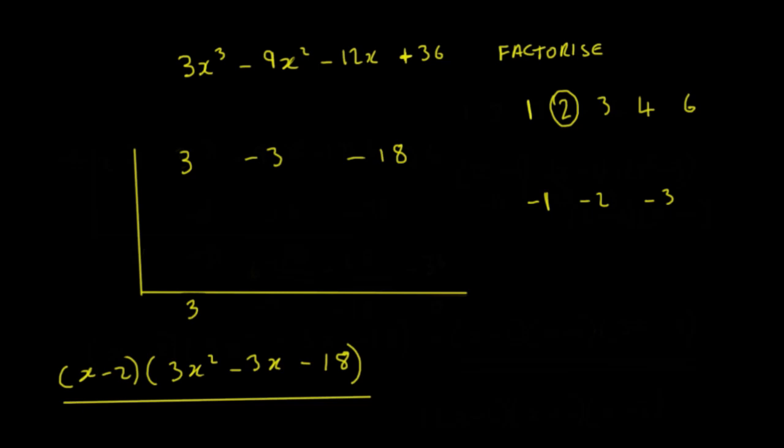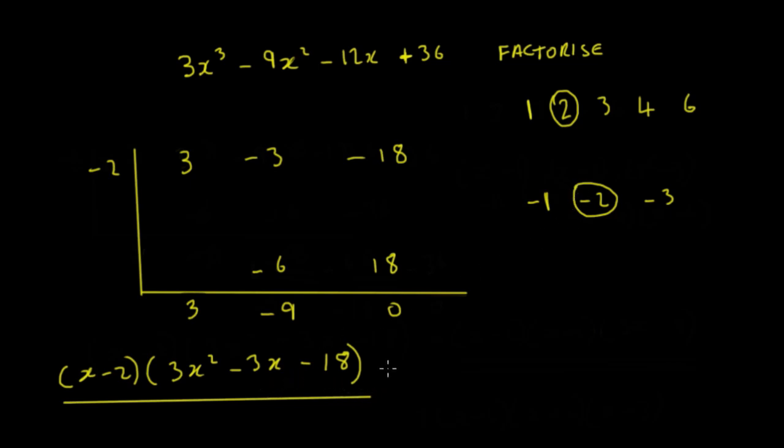So we'll try a different value, try minus 2. So minus 2 times the 3 is minus 6. Minus 6 plus the minus 3 is minus 9. Minus times minus is plus, 2 9s are 18, so that's plus 18. We add these together and we get a value of 0. So the minus 2 here is the correct one.